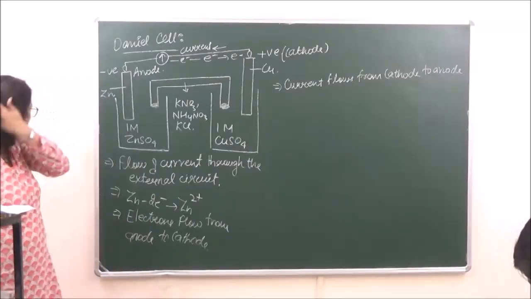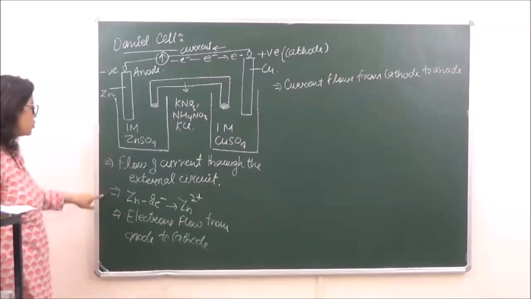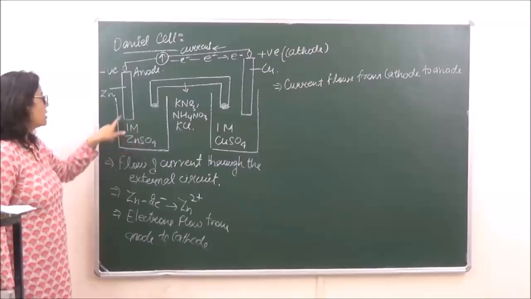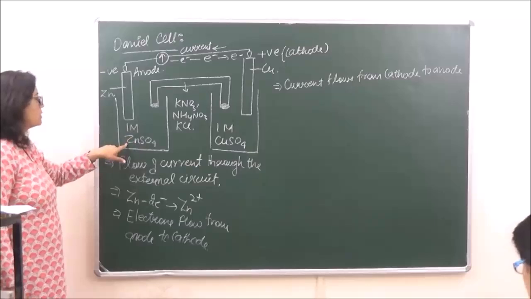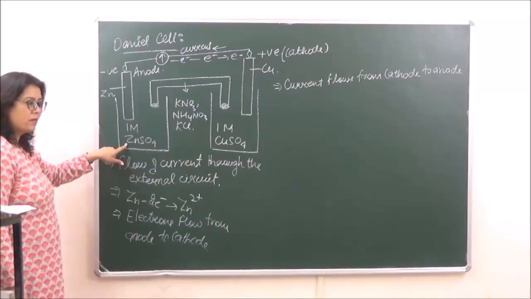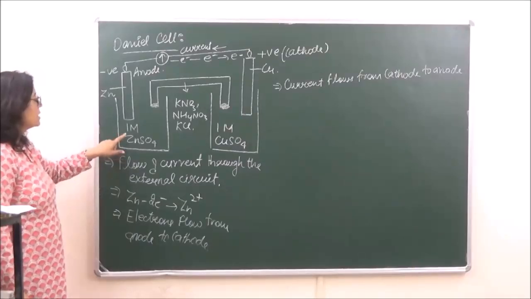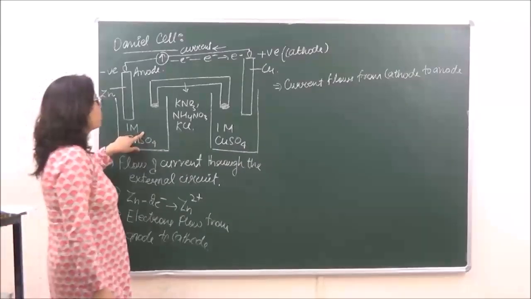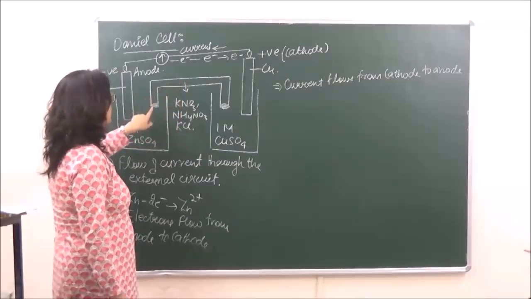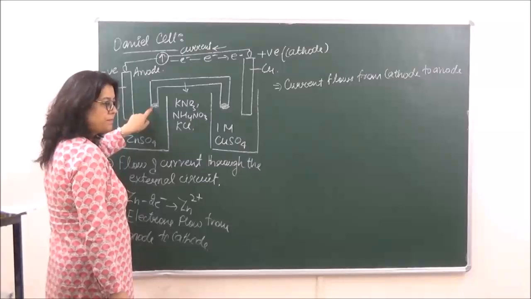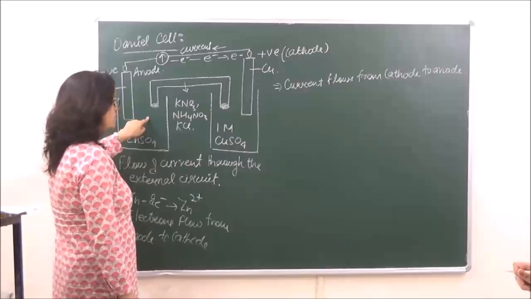Now in this case what will happen, because the zinc is losing electrons and positive charge is being accumulated in the zinc sulfate solution, the concentration of Zn2 positive ions is going to increase over here. So as a result the positive charge increases. Due to this increase in positive charge, to make it neutral, the negative ions from the salt bridge flow to the half cell, oxidation half cell, right?